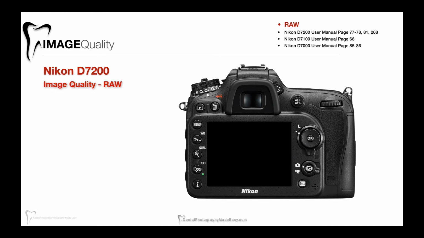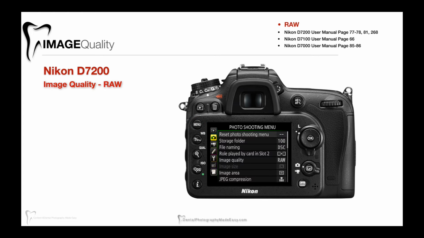Well, if you want the absolute best image quality from your photos, you'll have to set your camera's image quality to RAW. And here's how you do that. Again, you press the menu button on the back upper left of the camera and you'll get the menu system. You scroll up and down until you get to the photo shooting menu and scroll over and down until you see image quality.